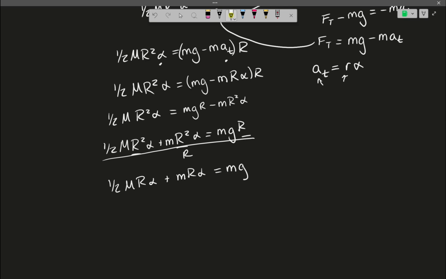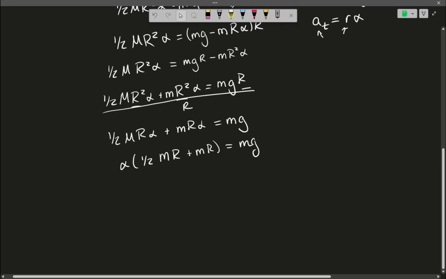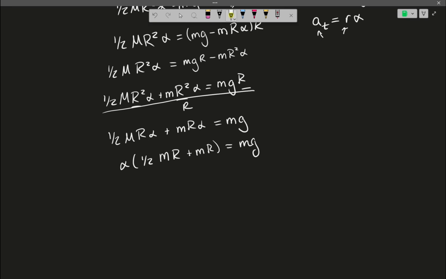is equal to mg. The next thing I want to do is I want to pull my alpha out because that's what I'm solving for. So I'm going to want to get it by itself. And then I'm going to divide both sides of this equation by the term that's contained in my parentheses here.